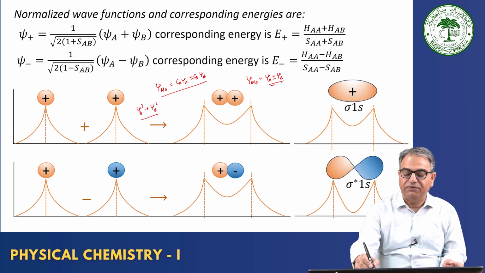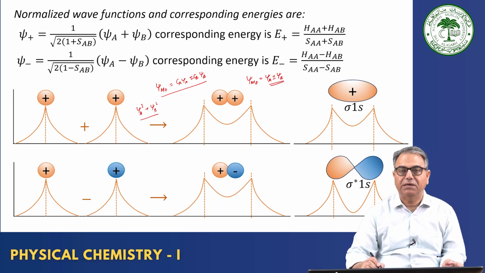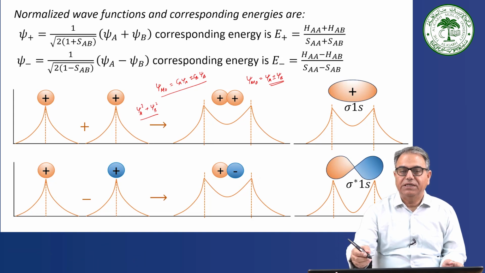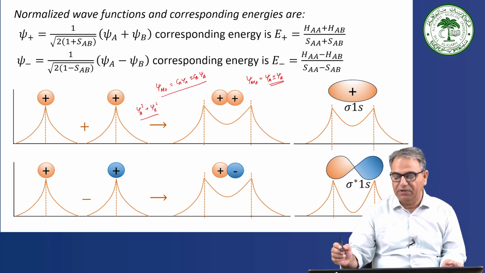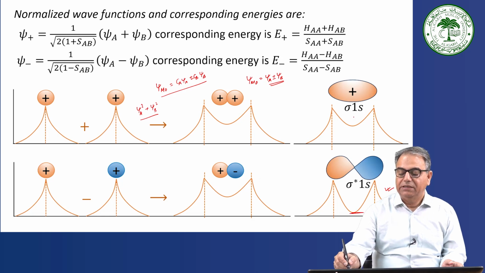But if you square psi A plus psi B and psi A minus psi B, you get an additional factor of 2 psi A psi B. This additional factor increases the electron density in the case of psi A plus psi B, and in the case of psi A minus psi B it decreases the electron density because it becomes minus 2 psi A psi B. So in one molecular orbital, the electron density decreases in the internuclear space, and in the other case it increases.